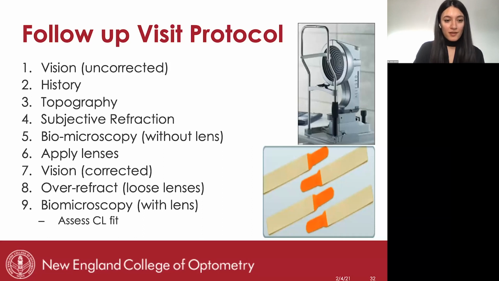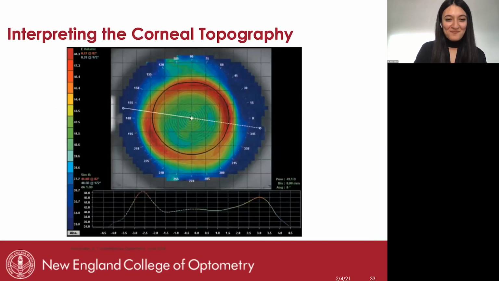Then we apply the lenses and check corrected vision. That should be 20/20 in each eye, or at least target if your target is not 20/20. Then you over refract these lenses using loose lenses, and you assess the contact lens fit. We add fluorescein when assessing the fit to make sure we're getting that good bullseye pattern.